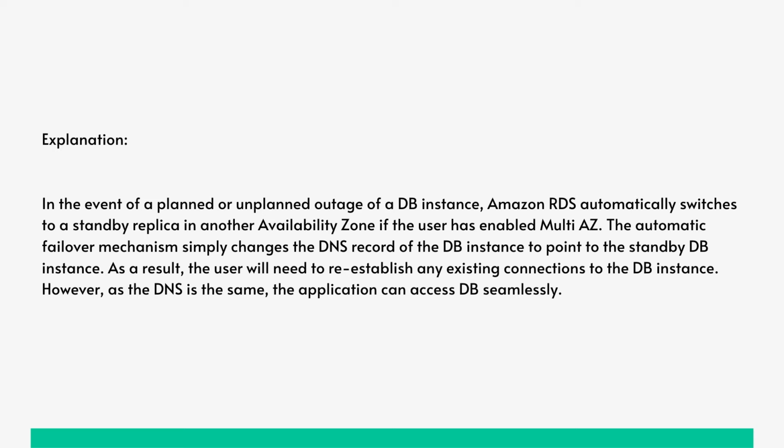As a result, the user will need to re-establish any existing connections to the DB instance. However, as the DNS is the same, the application can access the DB seamlessly.